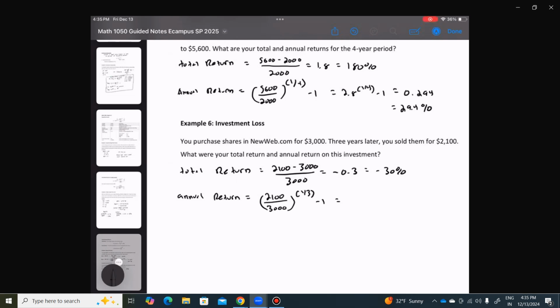So we get 0.7 raised to the 1/3 minus 1, and we get negative 0.11, or negative 11%. Again, you're losing about 11% each year.